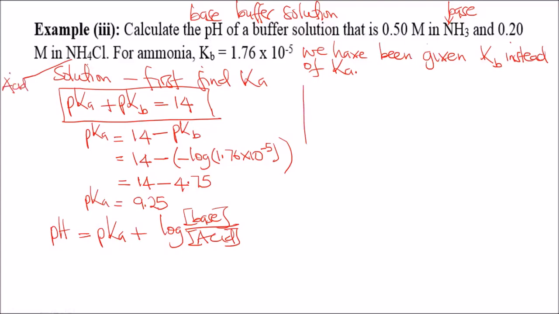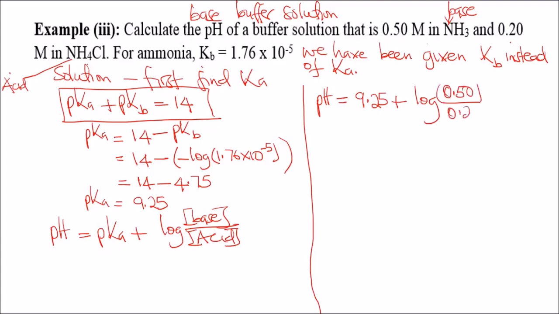So if I continue this side, I'll say that pH is equal to the pKa, which is 9.25, plus log the concentration of the base, 0.50, and the concentration of the acid is 0.20. That is the conjugate acid.